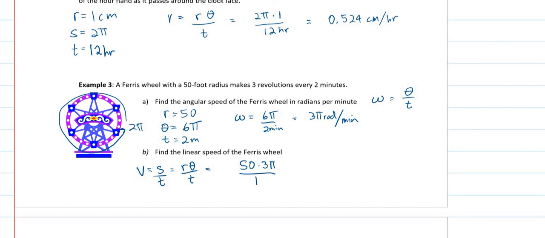We figured that out last equation. So here, when we multiply all these things together and get a decimal equivalent, we get 471.24, and this is going to be feet per minute. And again, make sure you have a unit because you're talking about a speed, so I had a distance per minute. For the angular speed, I had radians or degrees per minute.